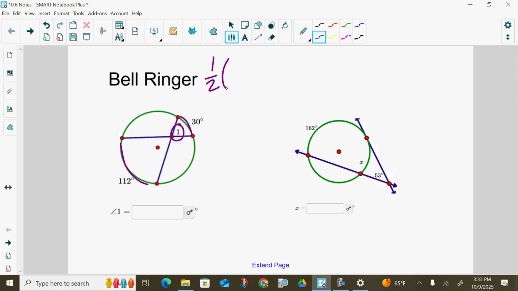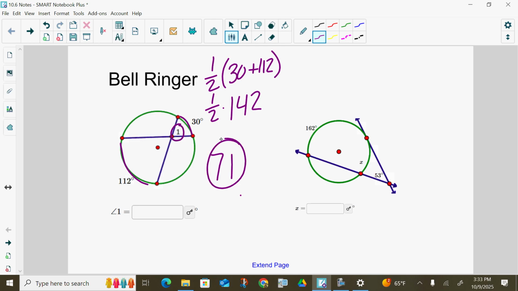So I'm going to take half of 30 plus 112. I'm going to take 30 plus 112, I get 142. And half of 142 is going to be 71. So our answer for our first one should be angle 1 equals 71.